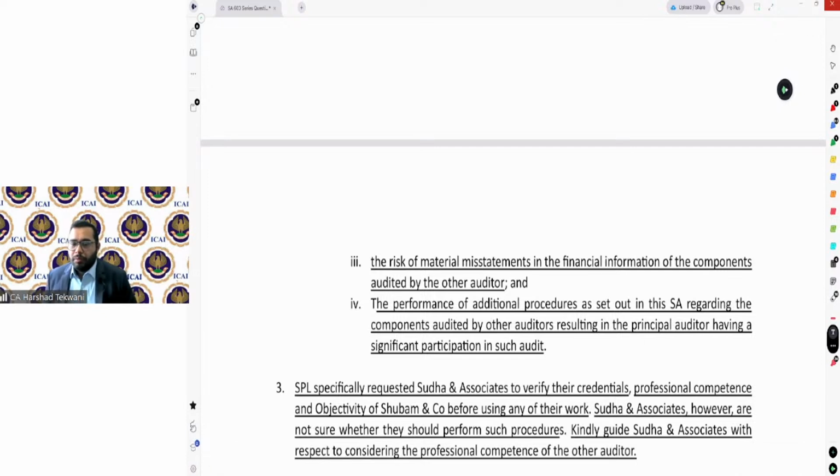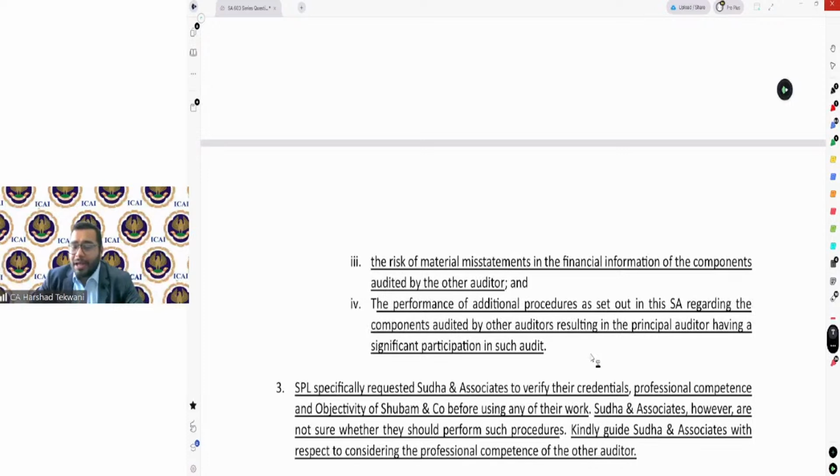Okay, so there is one doubt with respect to the fourth point. The doubt was that the performance of additional procedures as set out in this SA regarding the component audited by other auditors, resulting in the principal auditor having a significant participation in such audit, means that, for example, there are certain procedures that the principal auditor would require the component auditor to perform. Now, if the component auditor performs that procedure, can I say that the participation that is required is achieved by the principal auditor?